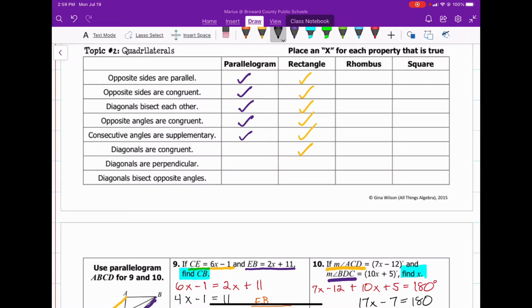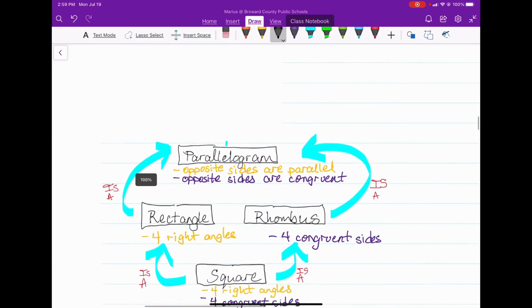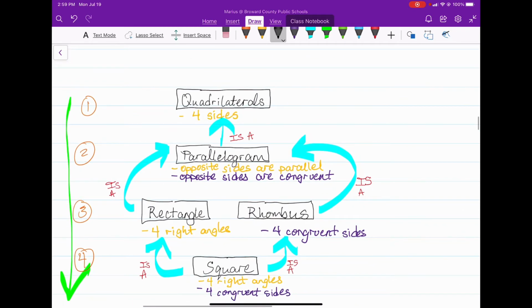All right, so once again, I just want to draw your attention to the chart that I went over in a separate video. So just like a rectangle has all the properties of a parallelogram, a rhombus also shares all the properties of a parallelogram, okay?